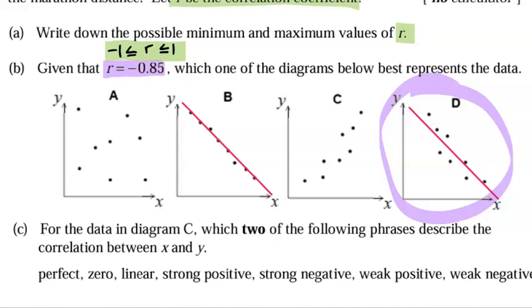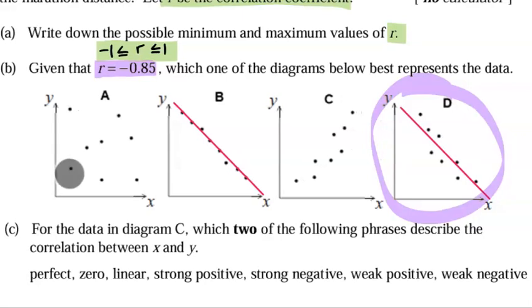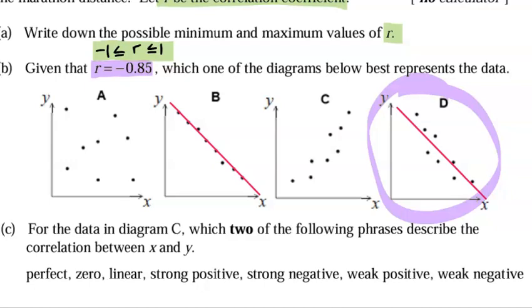For the data in diagram C, which two of the following phrases describe the correlation between X and Y? Perfect, 0, linear, strong positive, strong negative, weak positive, and weak negative. In our case, we have a linear regression, so the first clear indicator for our answer for descriptors would be that it is linear.